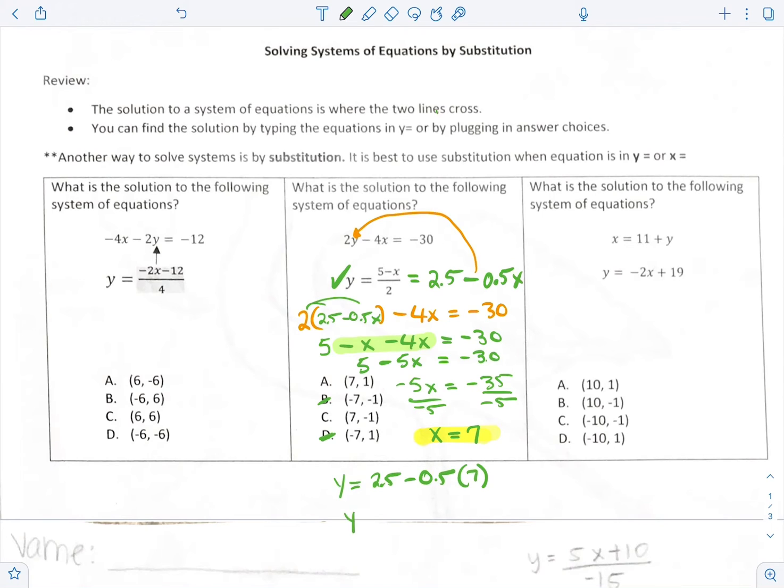Now that looks a little interesting, but 0.5 of 7, or half of 7, is 3.5. And 2.5 minus 3.5 is negative 1. So that's how we know our answer should be C. Take a moment and see if you can work out 3.